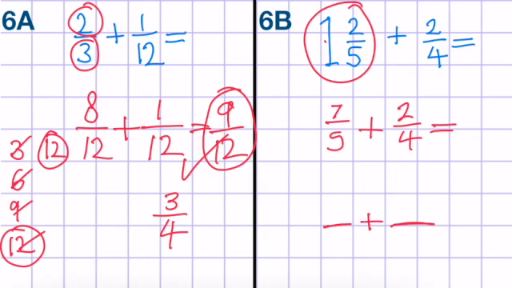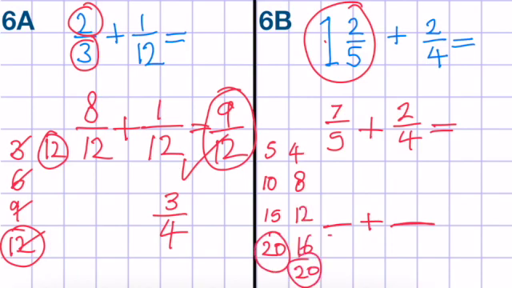Now, I can tell 5 is not a multiple of 4 or vice versa. So we are going to be changing both, unlike the last example. So 5, 10, 15, 20, 4, 8, 12, 16, 20. So we're going to put 20 underneath.